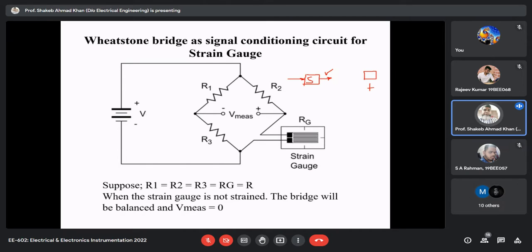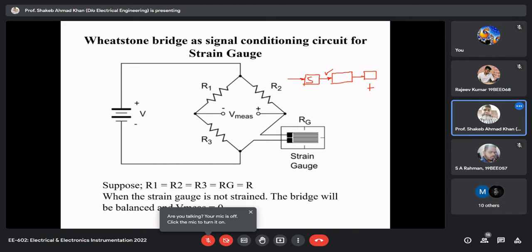So ultimately this particular signal will be interfaced to it. This signal may not be suitable to be interfaced here directly, so we require intermediate stages, and these stages are called signal conditioning stages.